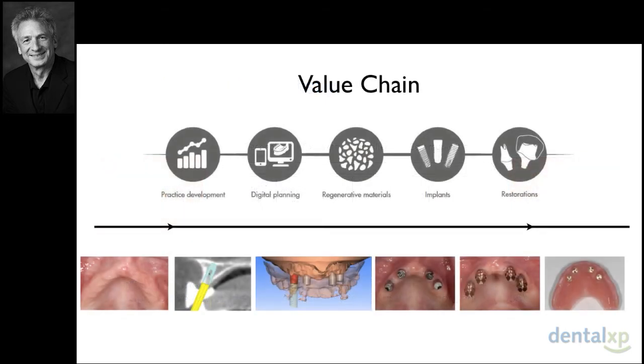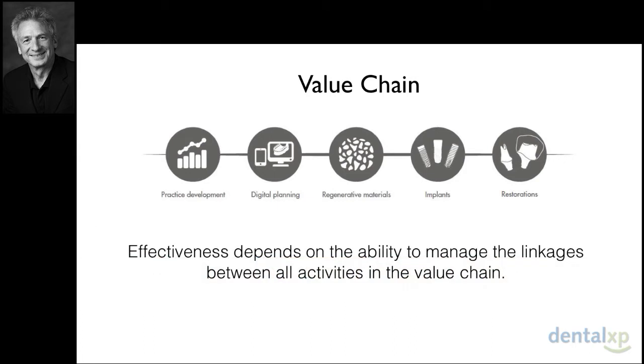So I look at this value chain, and much of the technology that we do in our office is provided by suppliers. So we're looking at practice development from suppliers, digital planning, regenerative materials, implants, restorations. This is specific to implant dentistry, but this value chain applies to all aspects of dentistry, everything that we do.